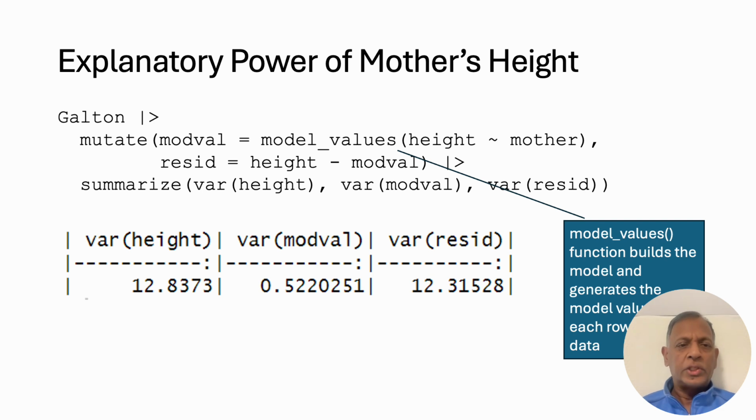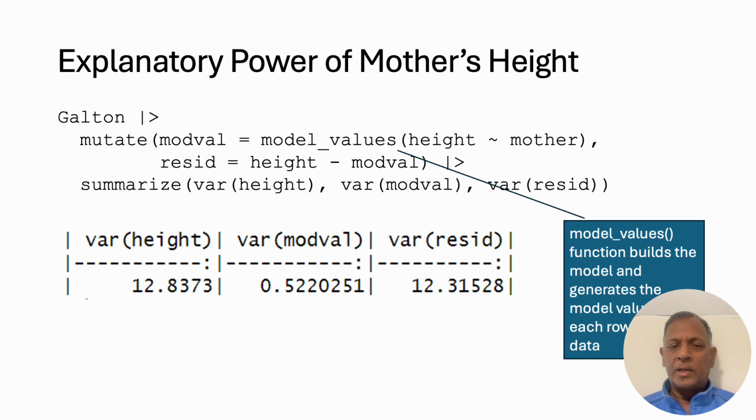Notice here that the model value is explaining a little bit of the variation in heights. That is because even though the line that we had showed a trend, we still saw that the points were widely distributed above and below the line. So the line is explaining only a little bit of the variation.